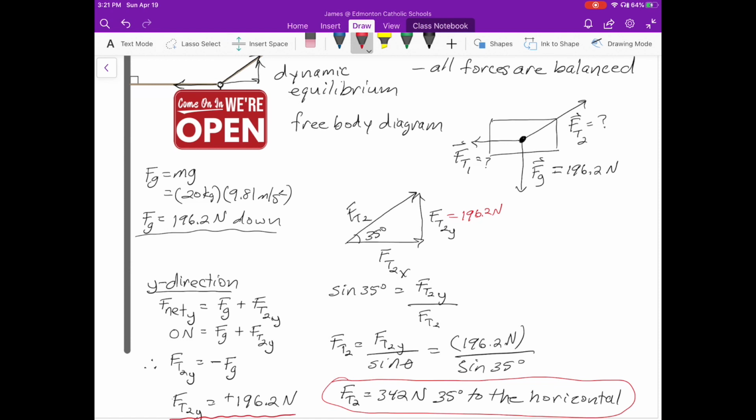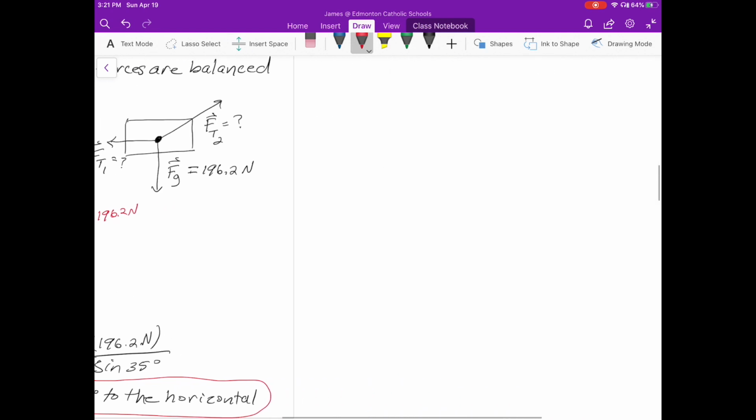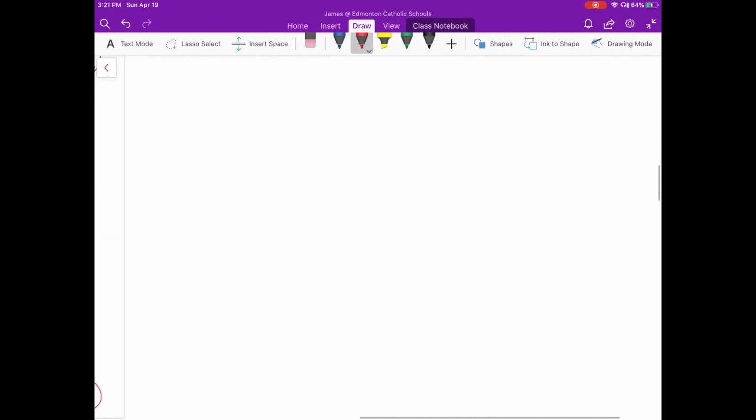So we're going to use the same logic. So we'll just kind of flip over here. In the x direction, there's two things pulling.